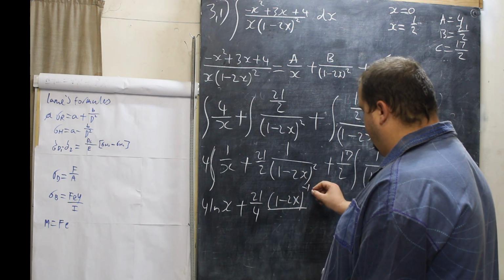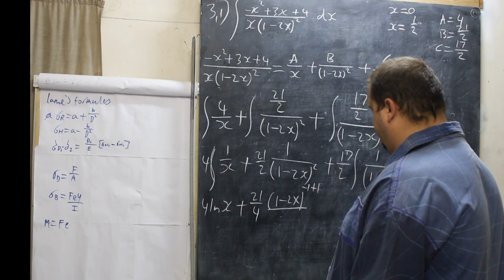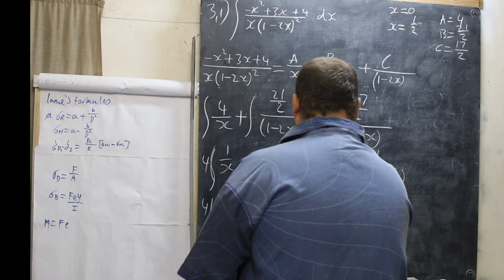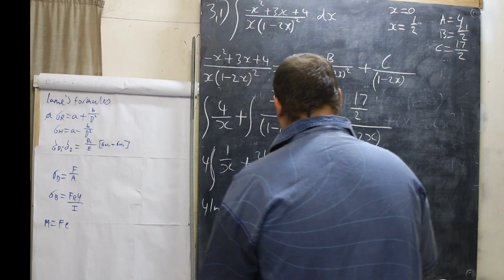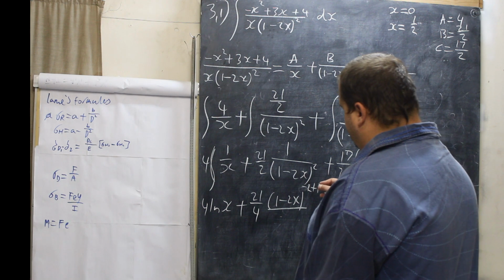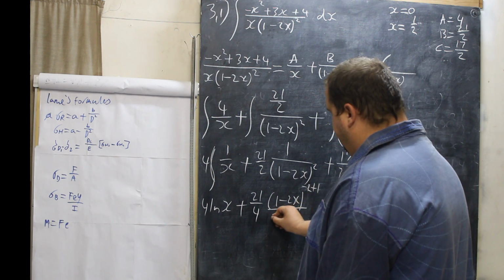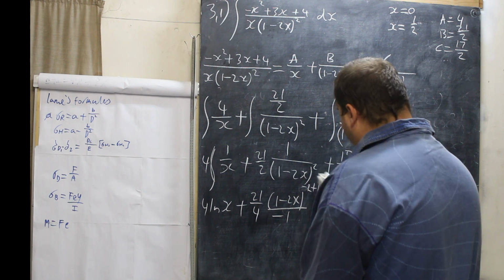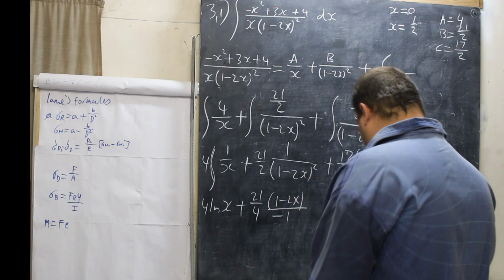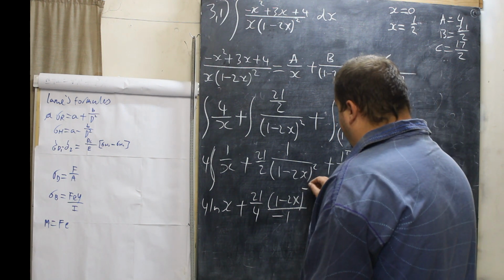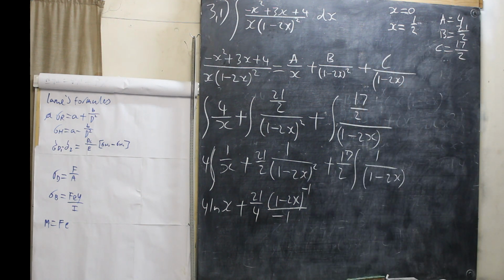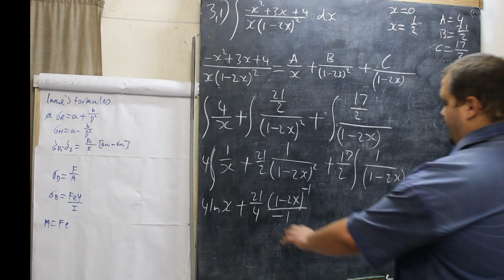So it's minus 1 and we plus 1. Wait, this is minus 2. Minus 2 plus 1, so that is minus 1. So then I will change it in the next step.